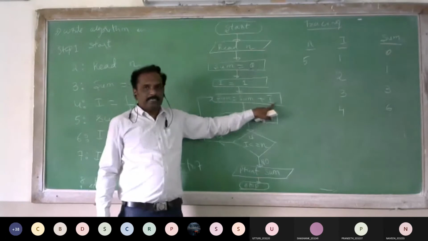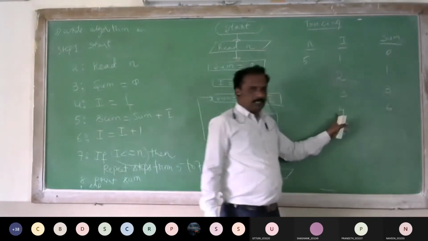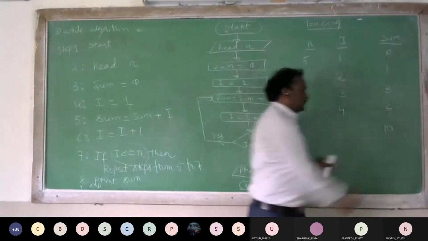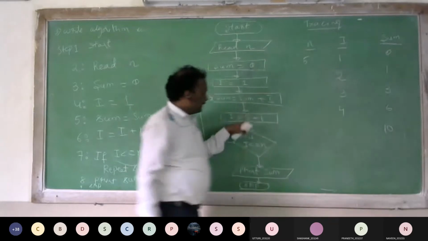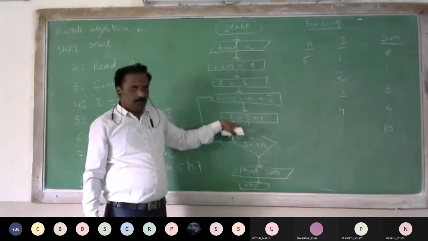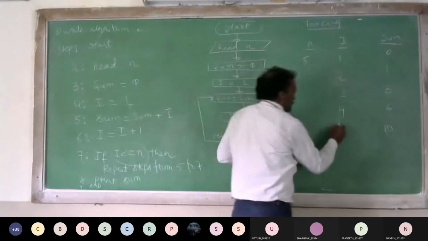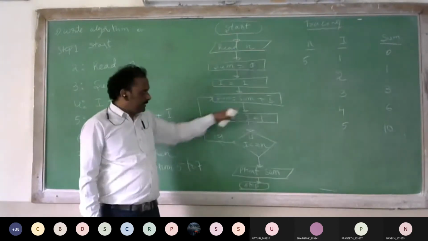Sum is equal to sum plus I. The current value of sum is 6. 6 plus 4 is 10. Now sum changes to 10. What is the next statement? You follow the arrow. I is equal to I plus 1. 4 plus 1 is 5.